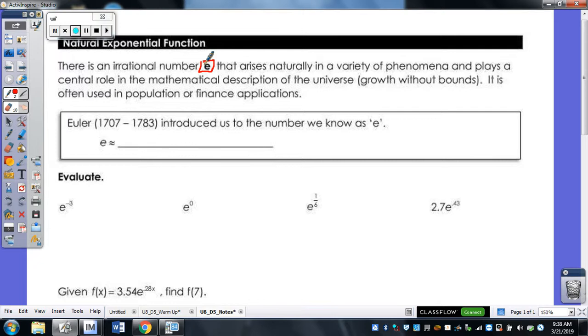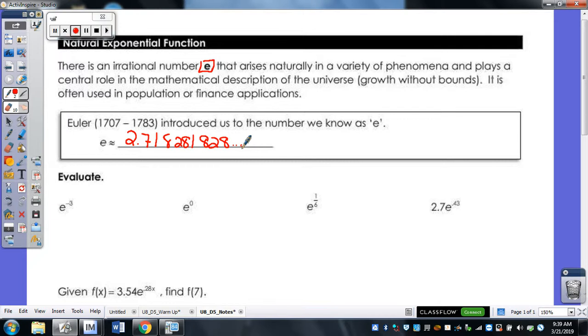So it was found by Euler, which is why they use the letter e for it, because his name starts with an E, who was alive from 1707 to 1783. Kind of history for you. And he introduced the number we now know as e. So e approximately is the decimal 2.718281828... It keeps going on forever.